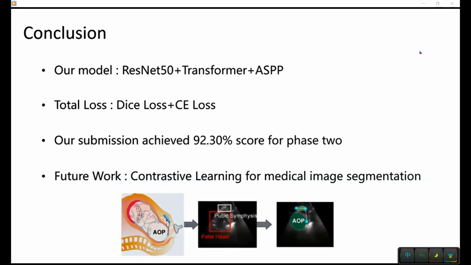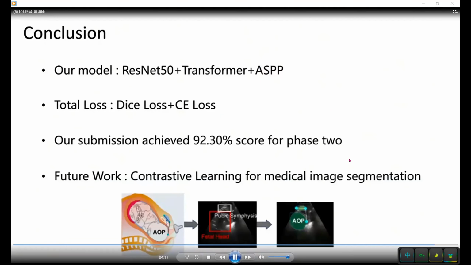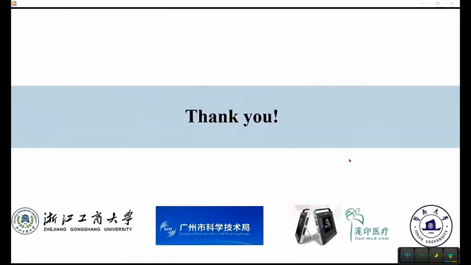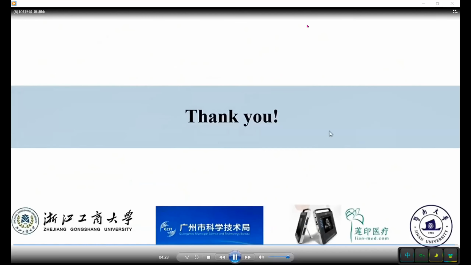In the second testing stage of the challenge, we attained a score of 92.3%. In future research, we plan to explore contrastive learning for medical image segmentation tasks. That's all. Thanks for your attention.